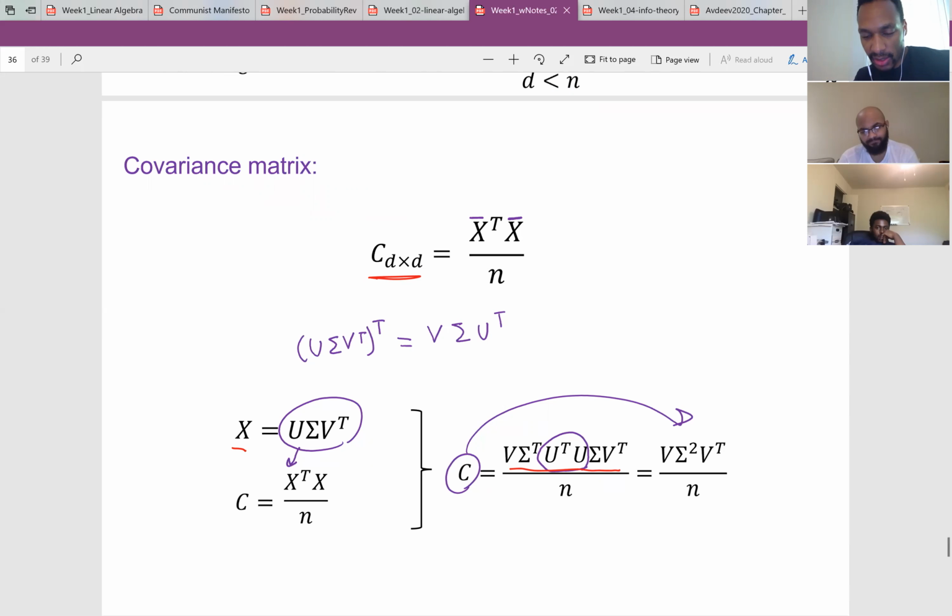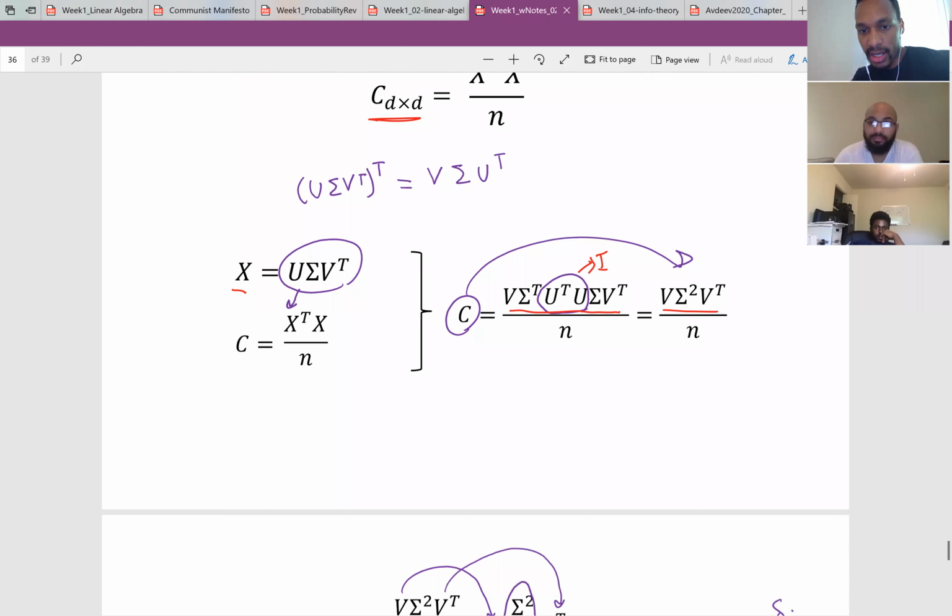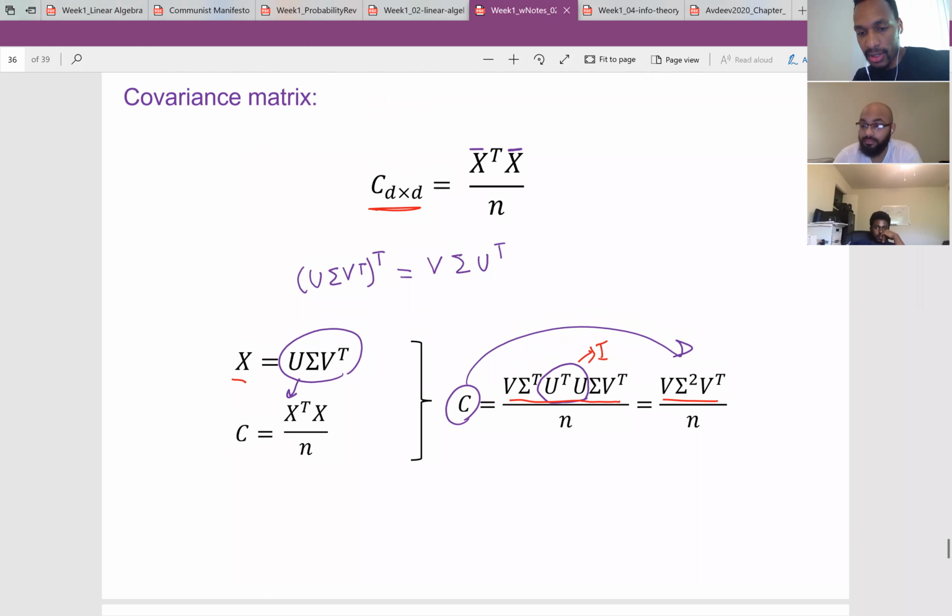And then since you know that these are unitary matrices, this is just the identity matrix. And then you're left with V, E squared, and because E is just a diagonal matrix, right? So E transpose E is just going to be E squared.